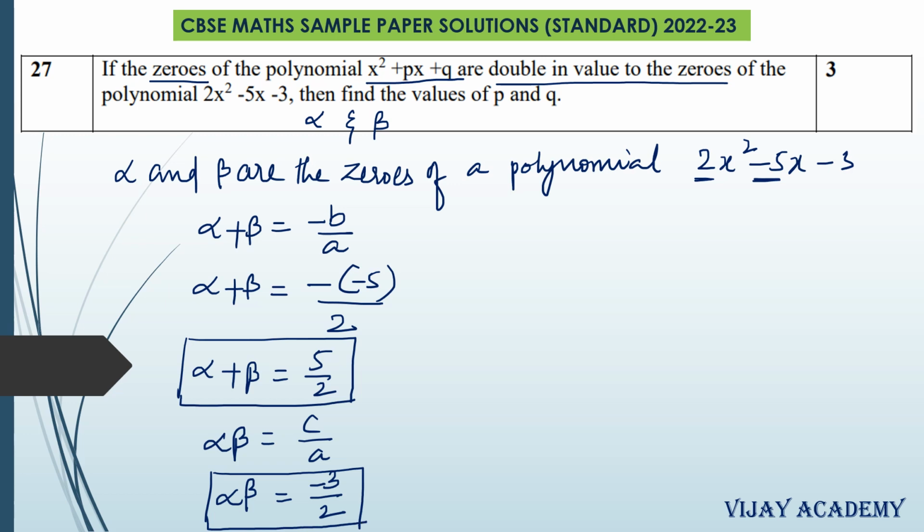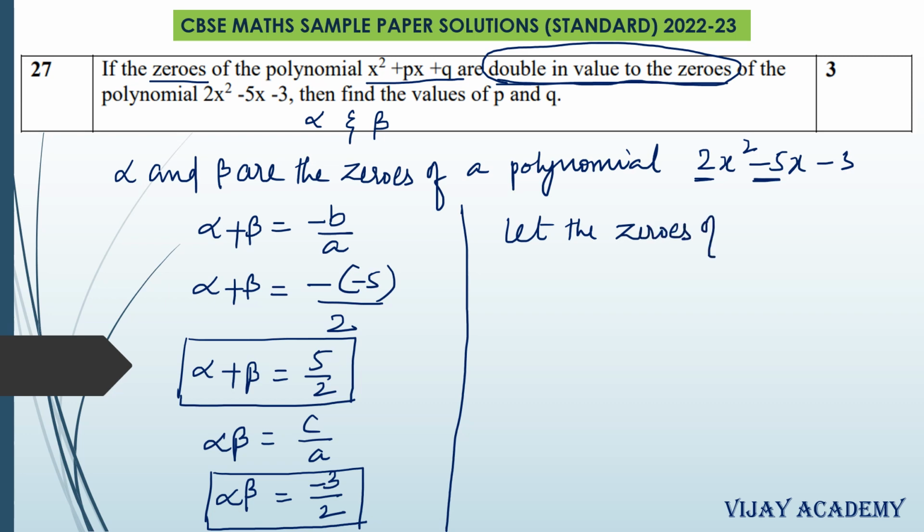As it is given, the zeros of the first equation are double in value to the zeros of the second equation. So let the zeros of x square plus px plus q be 2 alpha and 2 beta.